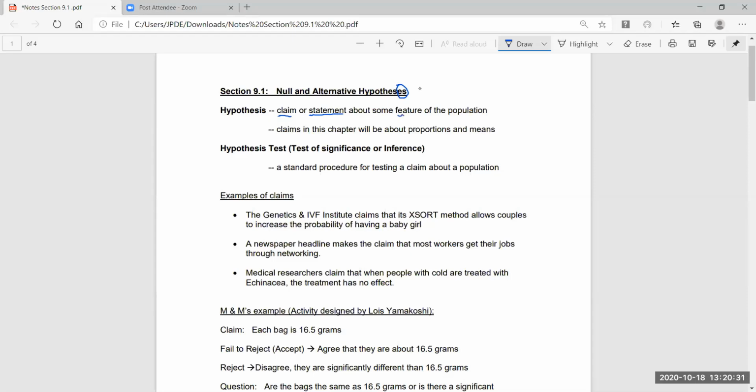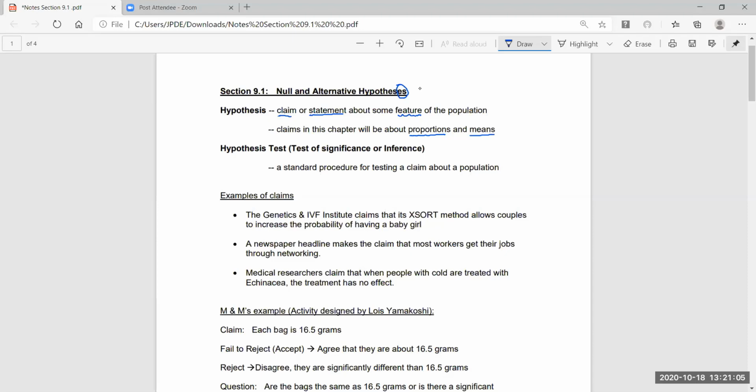By that feature of the population, I mean maybe it's a population mean, maybe it's a population proportion, maybe it's a population standard deviation. So each section will focus on a different population parameter. The ones we're going to look at in this chapter will specifically talk about proportions and means. So all of the claims that we do will be for proportions and means, and we'll be talking about one sample.